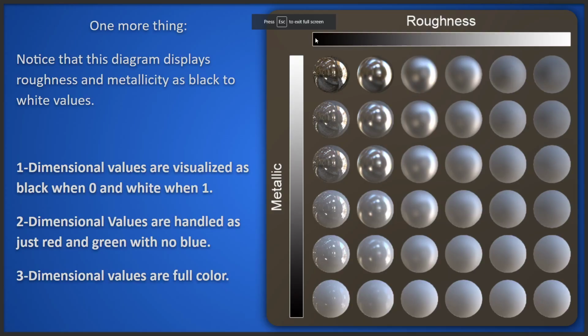Here's a nice chart. This is roughness from 0 to 1. This is metallicity from 1 to 0. So this is a fully rough but metallic object. And this is a fully rough and not at all metallic object. And then this is completely smooth and fully metallic, completely smooth and not metallic.